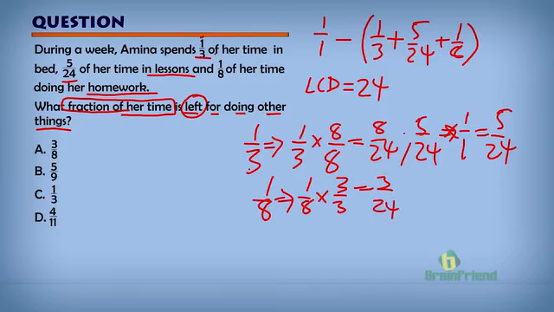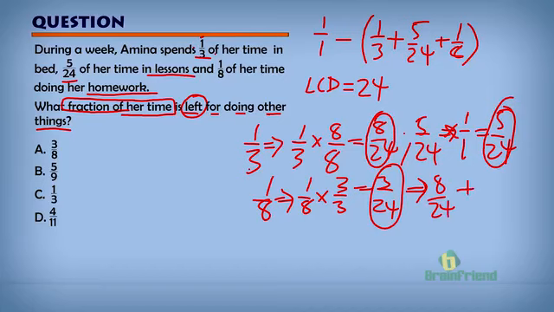Now that we have our equivalent fractions, let's add them up easily. We have 8 over 24 plus 5 over 24 plus 3 over 24. We simply add up the numerators. 8 and 5 is 13. 13 and 3 is 16. 16 over 24 is our answer, and 24 is the common denominator.